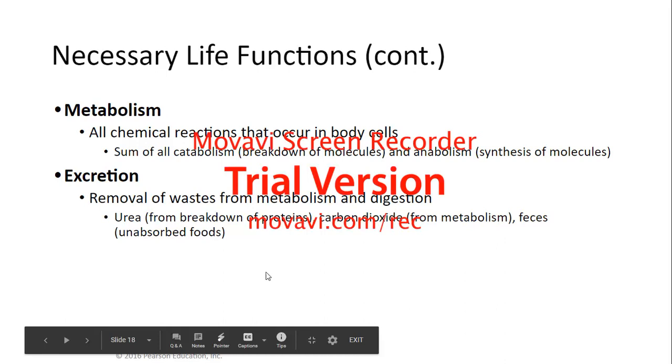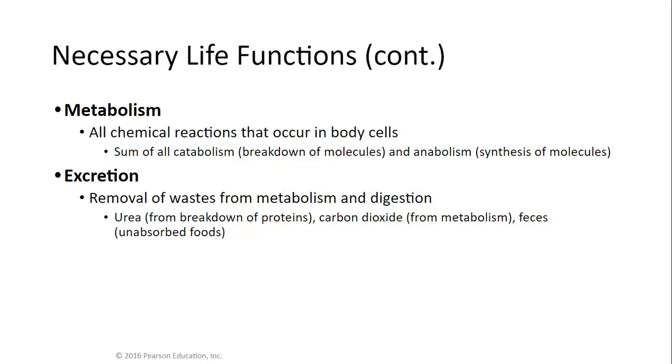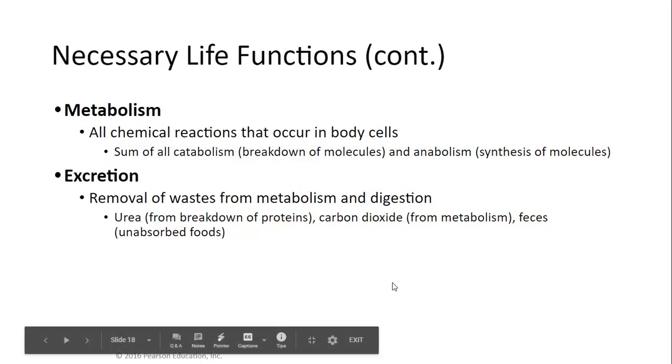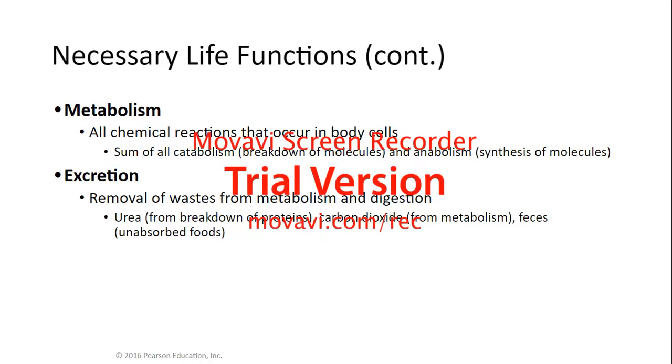All right, metabolism. Metabolism is essentially all the chemical reactions that occur in the body. So it's the sum of catabolism, which is breaking down molecules, and then the anabolic mechanisms, which is when you build things up. The way I always remember the difference between catabolic and anabolic is I think about anabolic steroids.